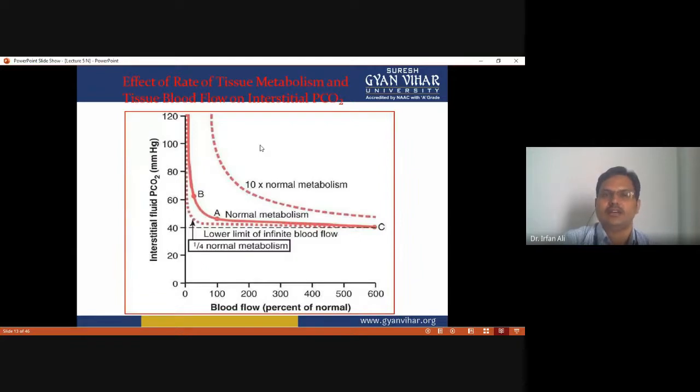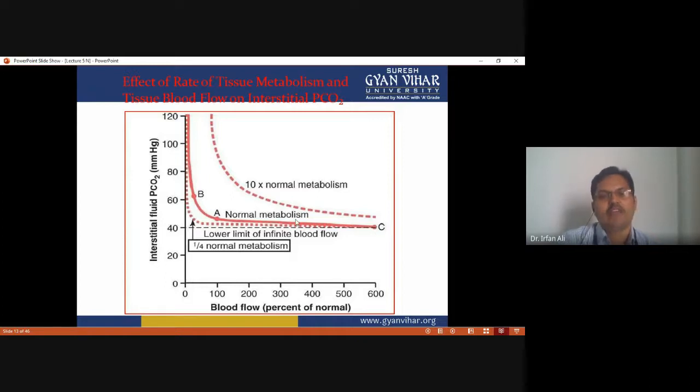This figure shows the effect of the rate of tissue metabolism and tissue blood flow on the interstitial partial pressure of carbon dioxide. You have to see that in the normal case, this is the shape of the curve when the metabolism is normal.